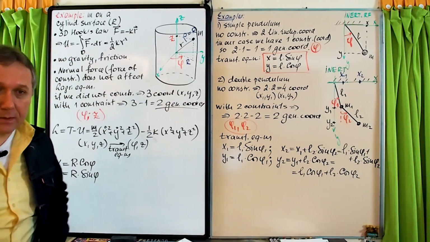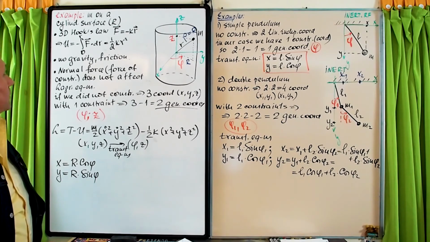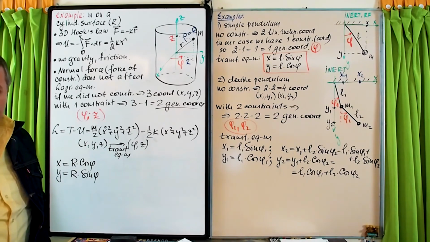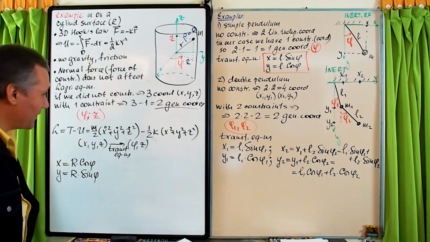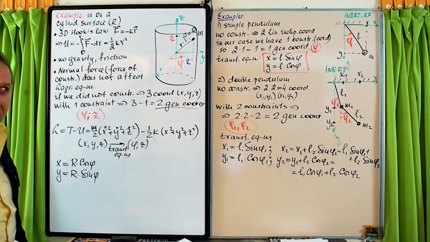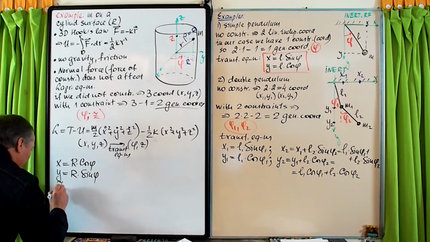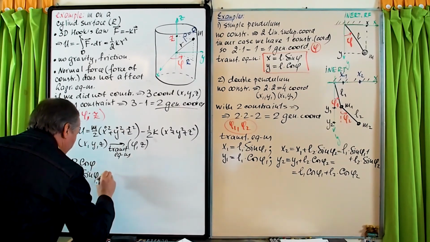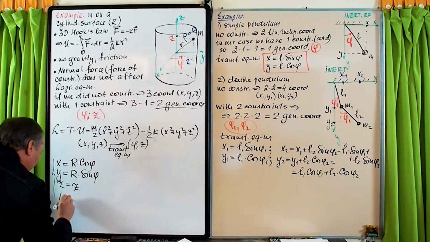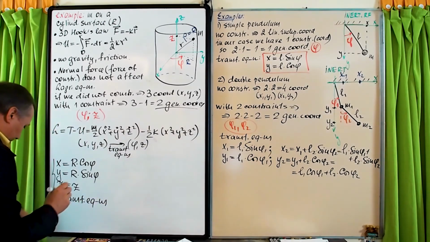And z stays z, because we decided to use cylindrical coordinates. These phi and z are cylindrical. So z is z. So these are our transformation equations. Let me write them underneath.